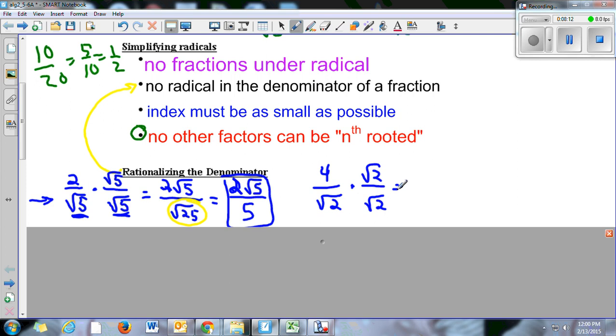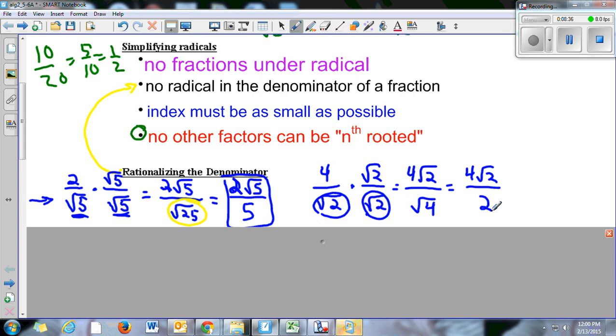Again, we multiply fractions straight across. So I've got 4 times the square root of 2. Because I have the exact same type of index here, square roots, I can multiply those together, and so I get the square root of 4. But luckily for me, and for you, you know the square root of 4 is 2.